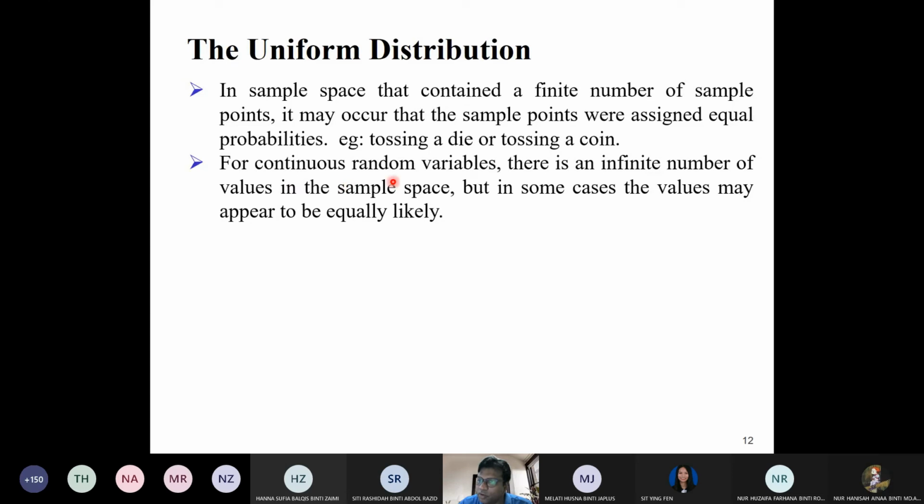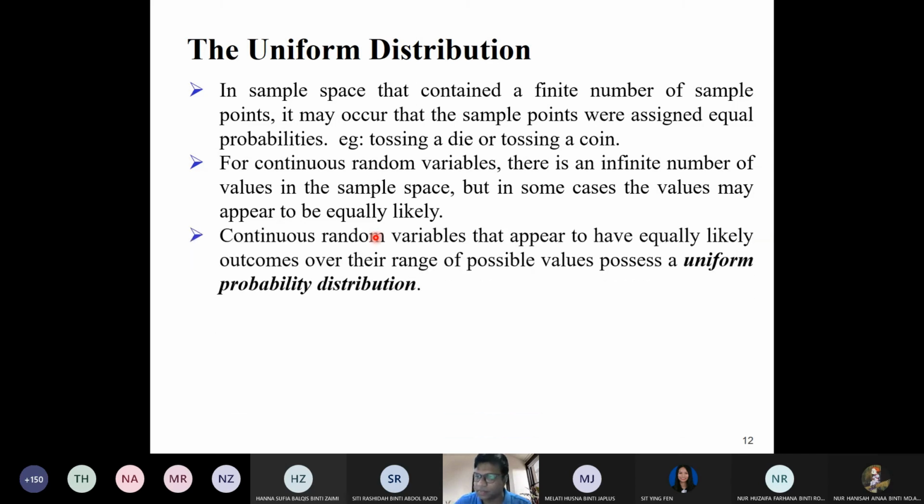For a continuous random variable, there are an infinite number of values in the sample space, but in some cases the values may appear to be equally likely. We just need to look into it to identify whether it is a different size or the same size.